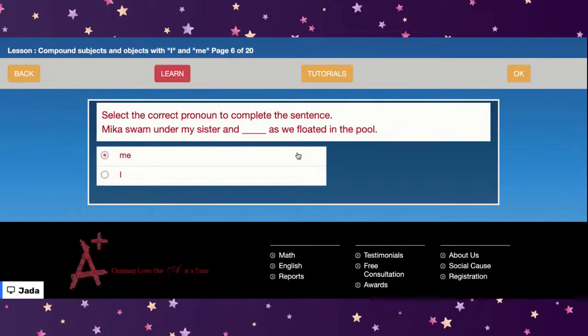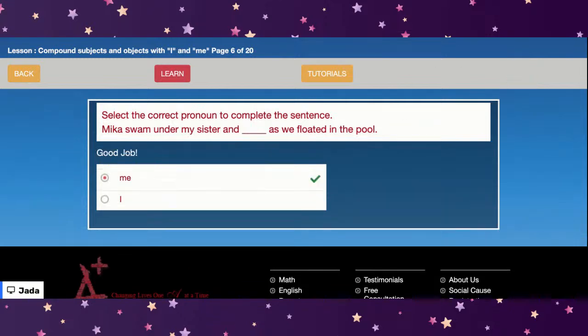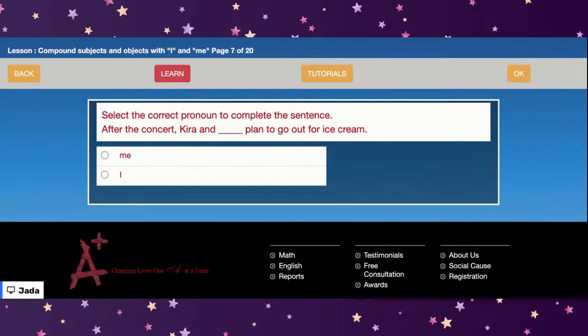So everybody, make a sentence with either me or I. Send it to me on the chat. I'm waiting for your sentences. Make a sentence with either me or I, any of the pronouns that you choose, and send it to the chat. Make one sentence each, you guys.